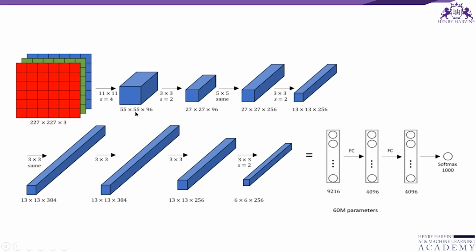After convolution, we have an overlapping max pool layer where the maximum pooling is done over a window of 3 cross 3 and stride is equal to 2. That means maximum pooling will be done over an overlapped window.